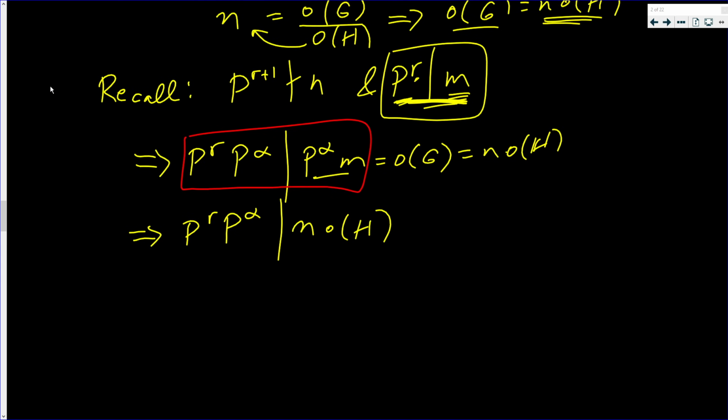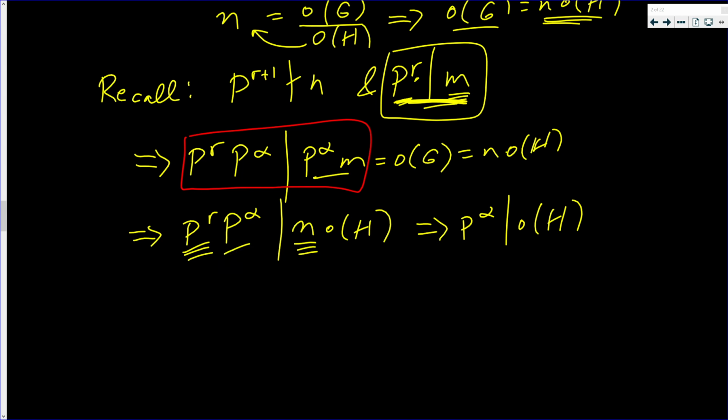Now, I claim that this implies that p to the alpha divides the order of h. Well, we know that p to the r goes into n.